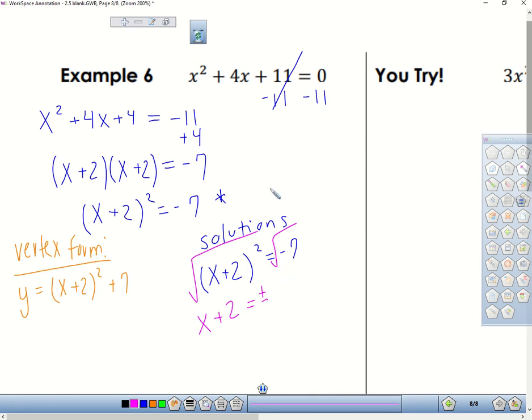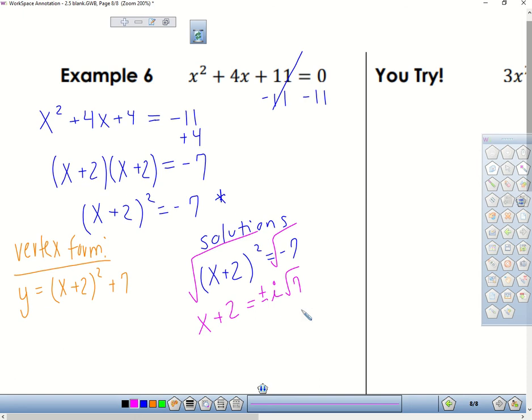Sorry, I'm writing sideways. Plus or minus square root of 7. Square root of 7 doesn't simplify, does it? It just stays the square root of 7, but it's not a regular 7. It's going to be i square root 7, because you have to take out that negative.